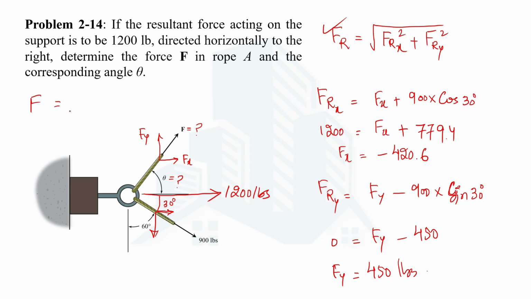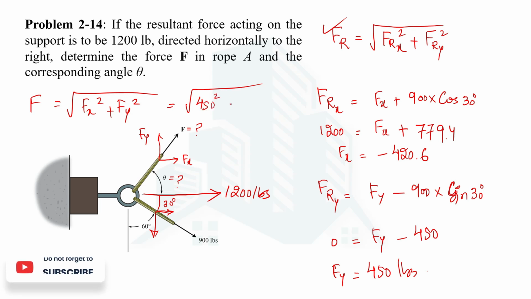So then F would be equal to the square root of Fx squared plus Fy squared. So Fx and Fy, we have those values, 450 squared and 420.6 squared. On solving this, you are going to get the value of F as 615.94 pounds. I made a slight mistake here. It will not actually be minus, but it should be plus.